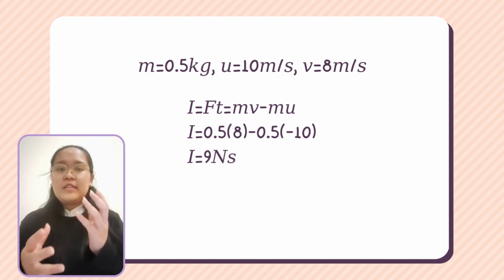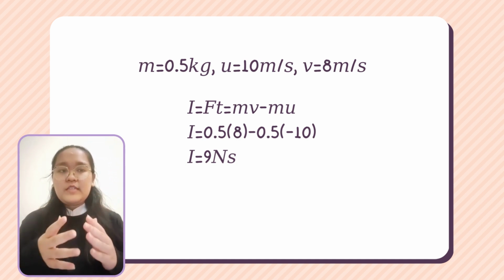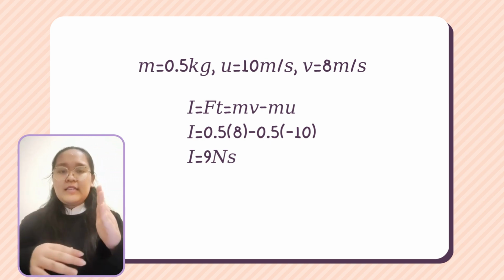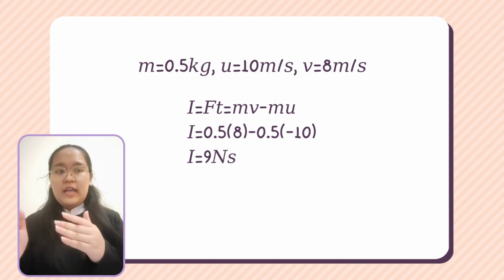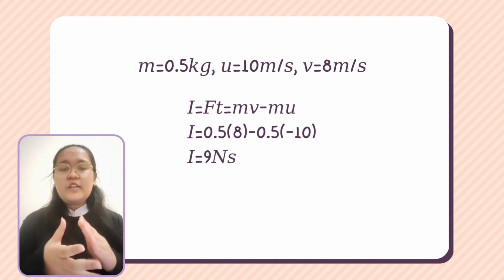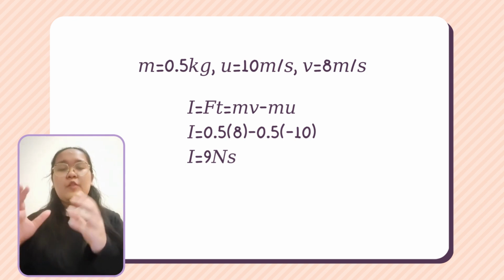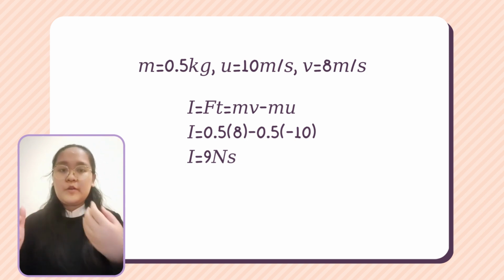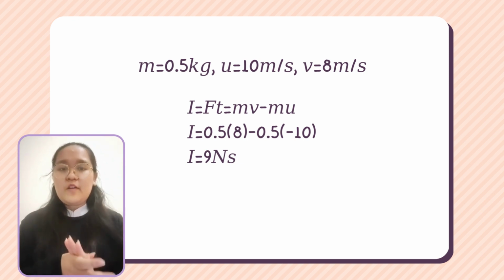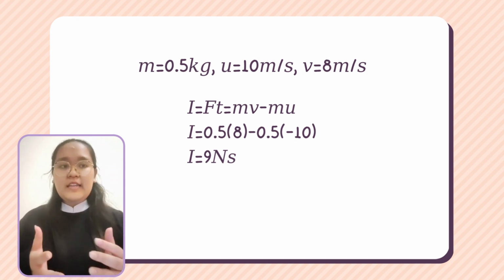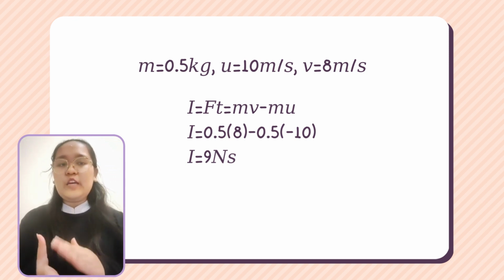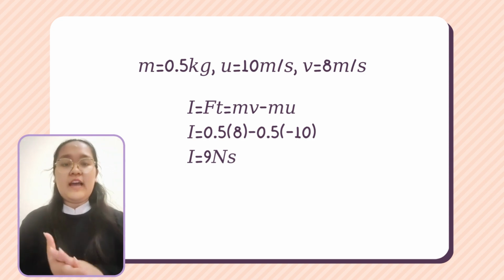When thrown to the left, on the x-axis, going to the left is negative, so our initial velocity is negative 10. When the ball bounces back, it bounces to the right, so our final velocity is positive 8. Then we calculate it, and we get our impulse I equals 9 Ns.